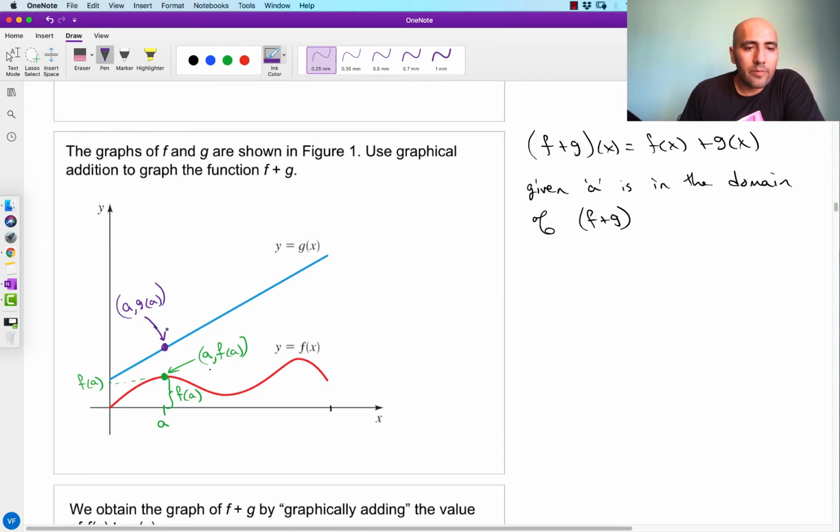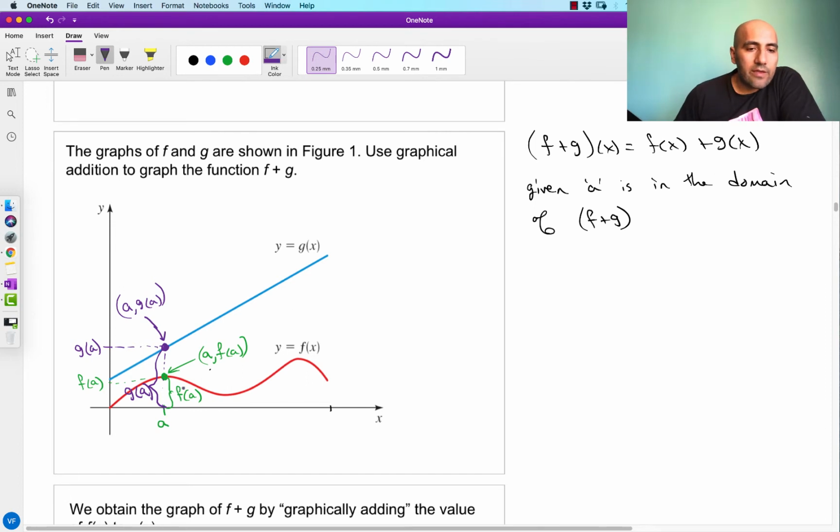Would be that ordered pair right there. And its height from there all the way down to here, this height right there, would be the height g of a, which would track all the way there to some g of a.